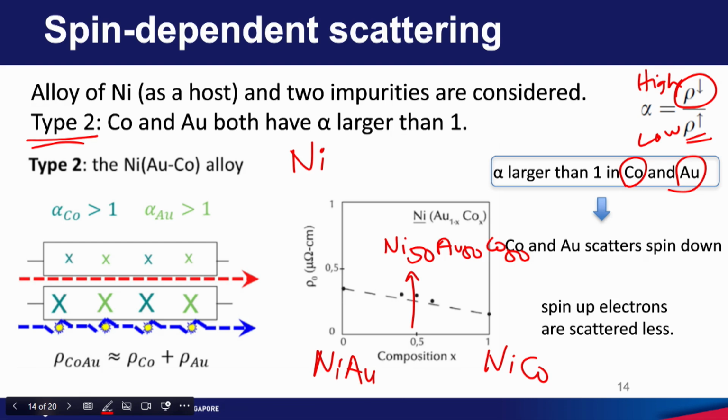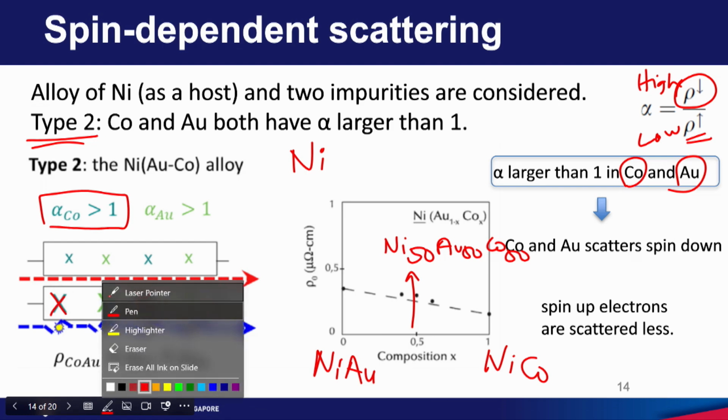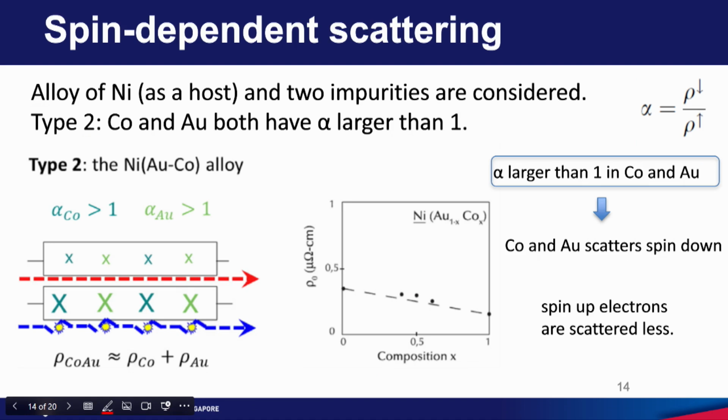Okay, so, here again we have a color code. This dark green represents the scattering from cobalt. Cobalt scatters only the spin down electron. So, there is one scattering here from cobalt, there is another scattering here from cobalt.